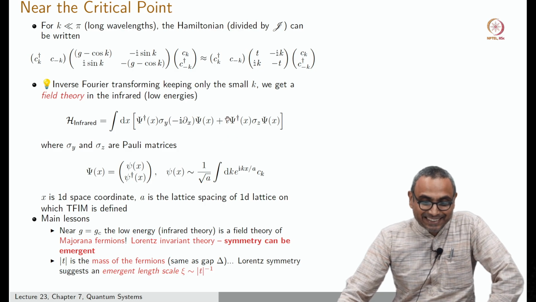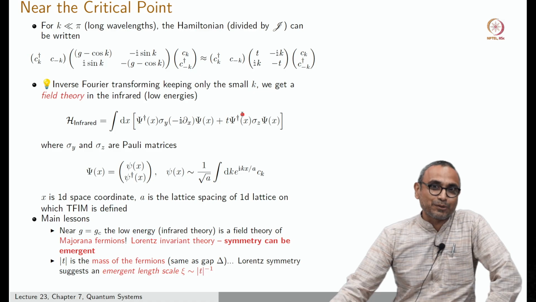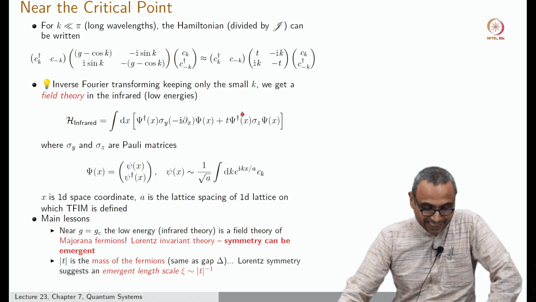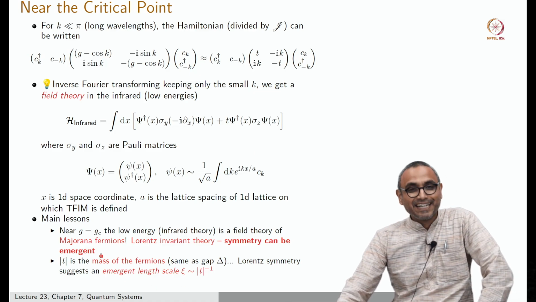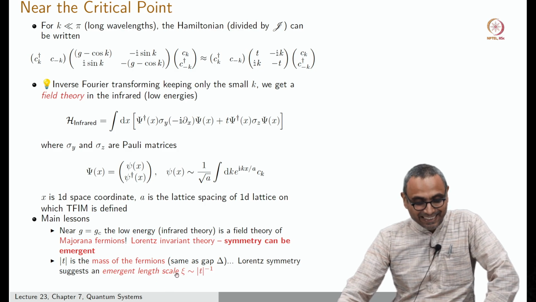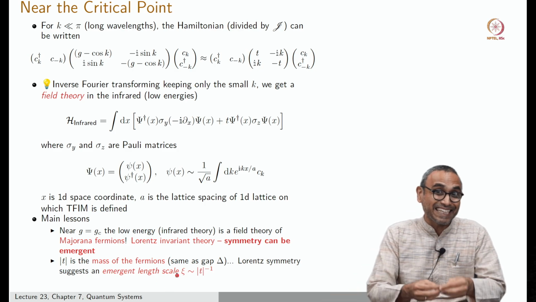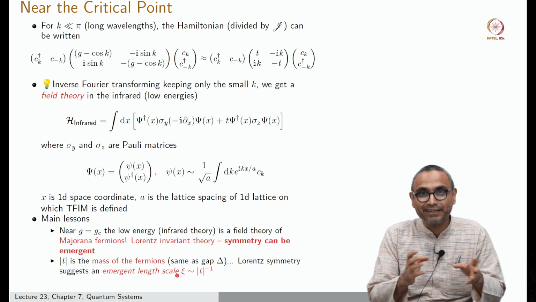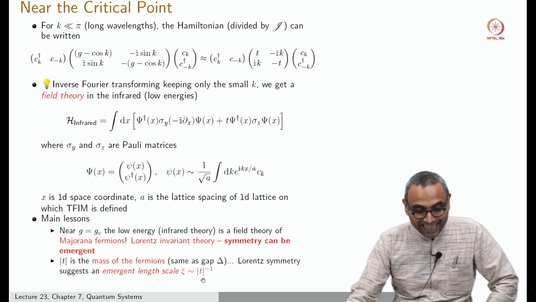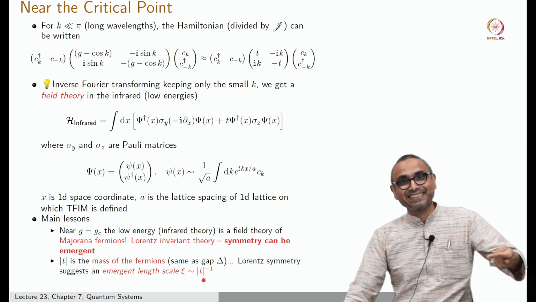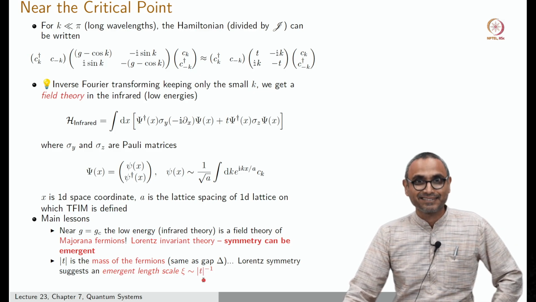So if T is the mass, then its inverse is related to some length scale, and therefore this tells us that there is an emergent length scale in the problem near the critical point, and that it diverges as T inverse.